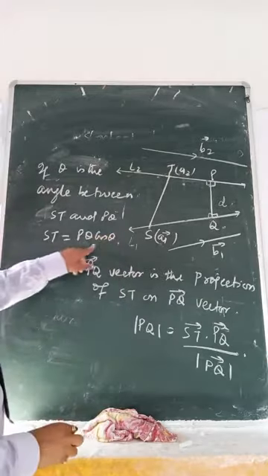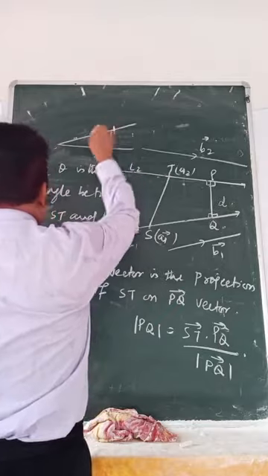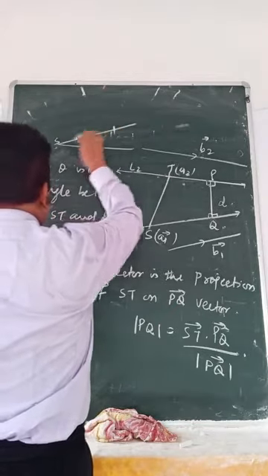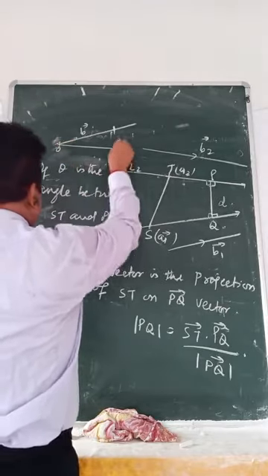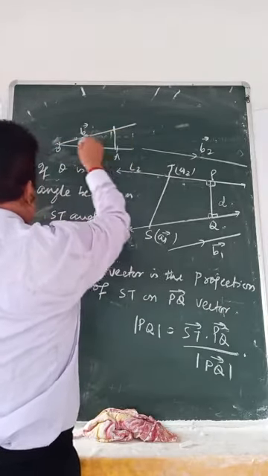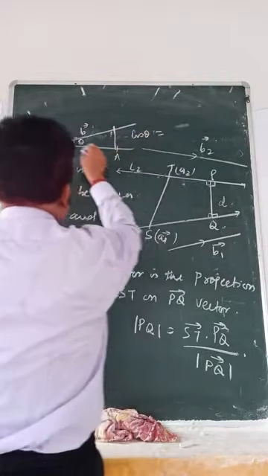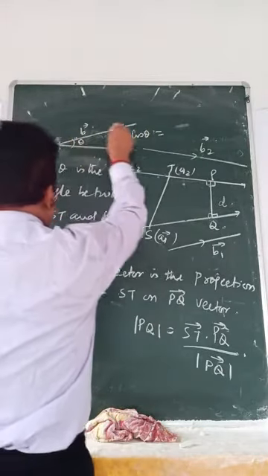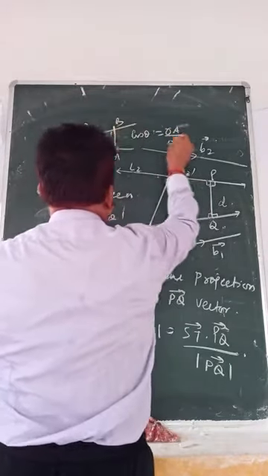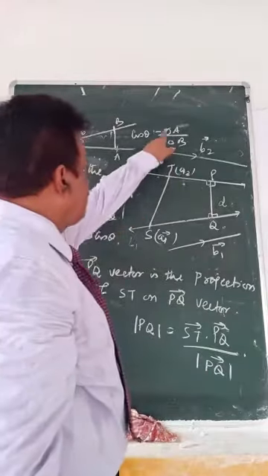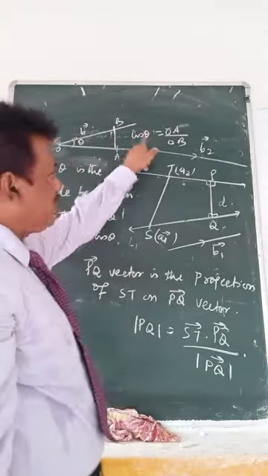How to understand this point? Look here. This is suppose S or B vector. This is suppose O. This is A. If you drop a perpendicular, this is theta. Cos theta equals base by hypotenuse, OA by OB, and OA equals OB cos theta.